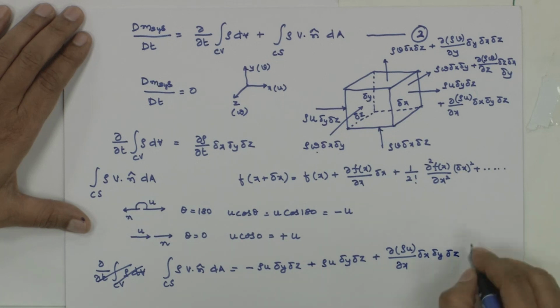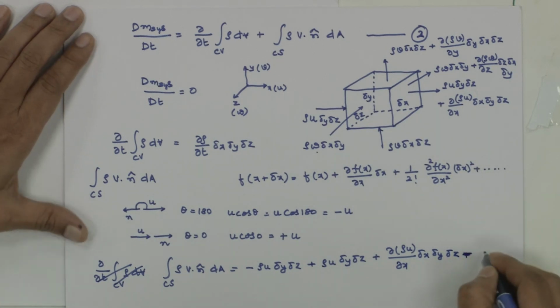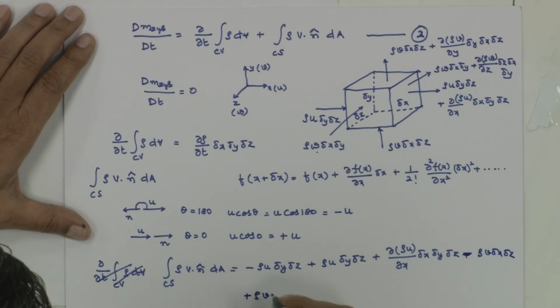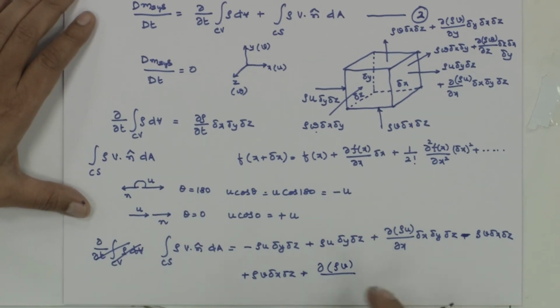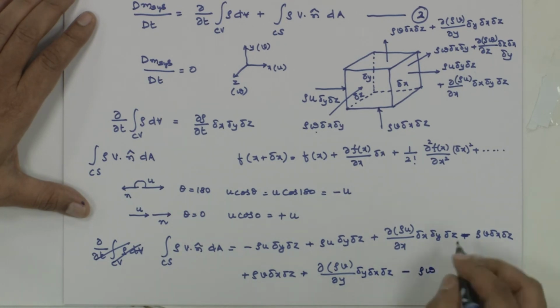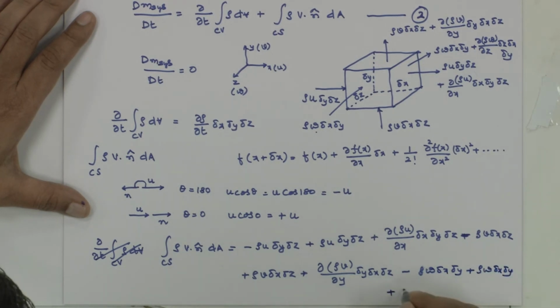Then in the y direction you have minus rho v delta x delta z plus rho v delta x delta z plus del of rho v upon del y delta y delta x delta z, minus rho w delta x delta y in the z direction, plus getting out is rho w delta x delta y plus del of rho w upon del z delta z delta x delta y.